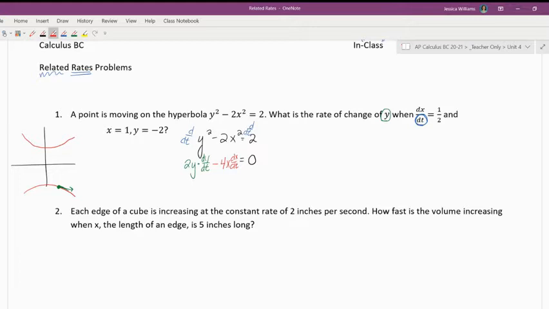Everything else is plug and chug. Because if you've done a good job, you should have everything you need with one thing that you're looking for. So dx/dt is a half, x is 1, y is negative 2, and they're asking me for the rate of change of y. They're asking me for dy/dt. That's the rate of change, the slope of y.